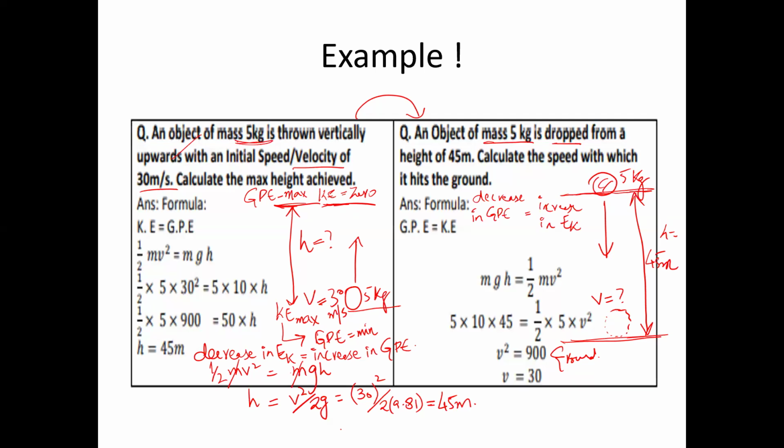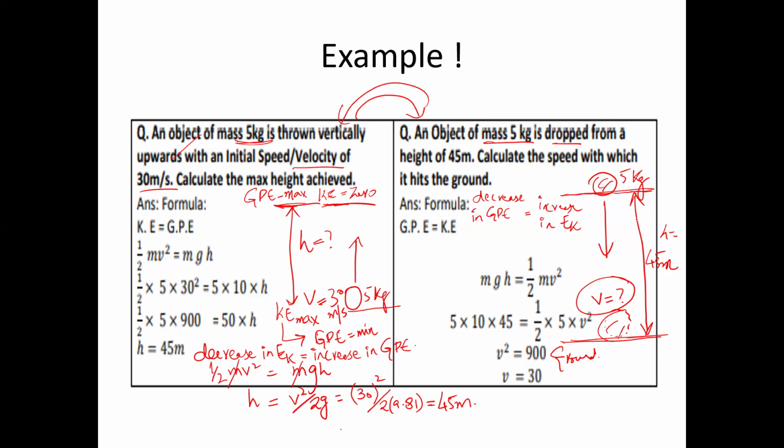So kinetic energy increases, gravitational potential energy decreases. Now we need to find the speed with which it is going to hit the ground. It is a similar question to the one here, but here the object is now falling down, and in the left case it was moving up. So in both cases, let's see how it can be done.